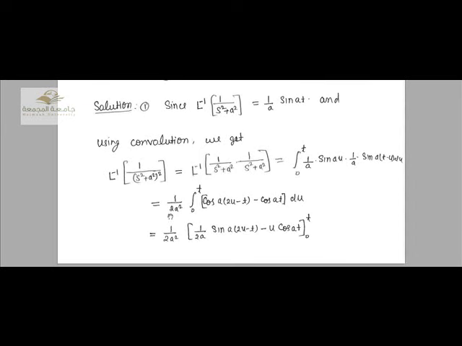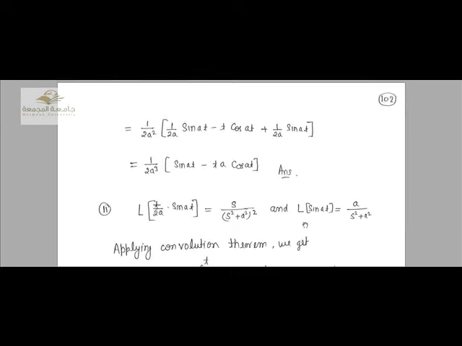This is equal to 1 by 2a square integral from 0 to t of [cosine of a(2u minus t) minus cosine of a t] du. Now after integrating we get 1 by 2a square [1 by 2a sine a(2u minus t) minus u cosine a t] from 0 to t.